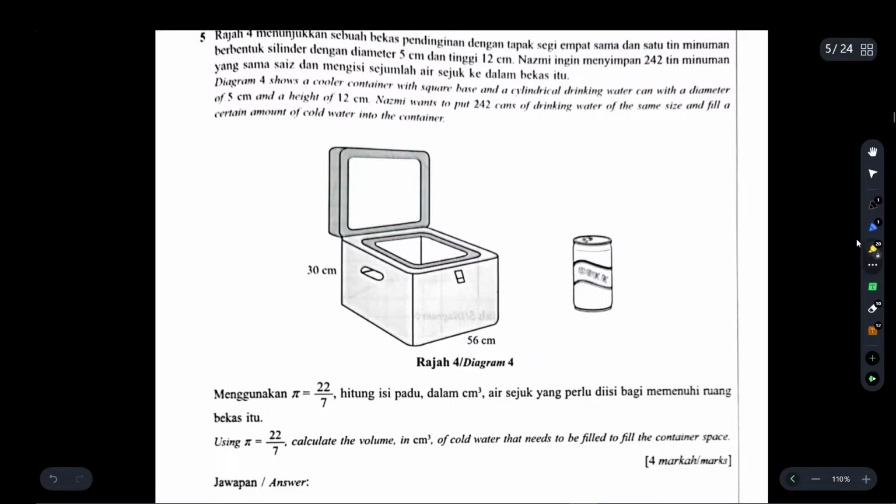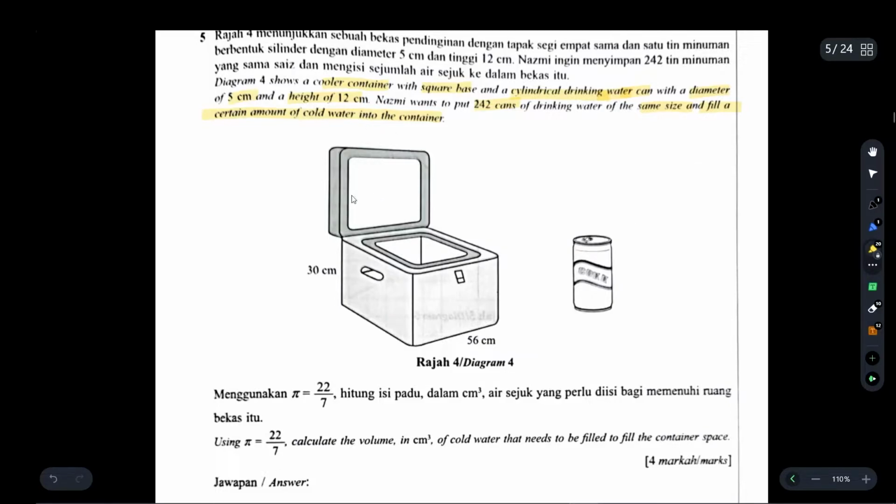So the diagram shows the cooler container with a square base and a cylindrical drinking water can, with a diameter of 5 cm and a height of 12 cm. Nasmi wants to put 242 cans of the same size and fill a certain amount of cold water into the container.